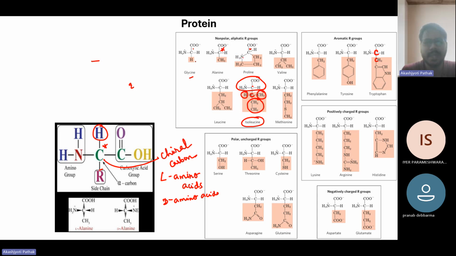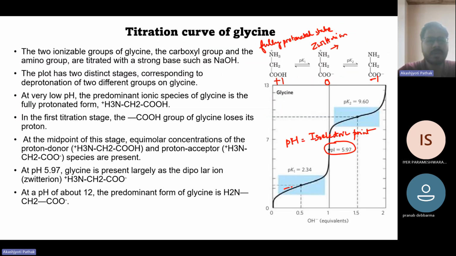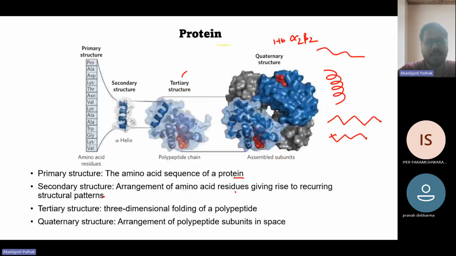Because this NH group is not free, it cannot form a hydrogen bond with the oxygen atom of the carbonyl group. And glycine is very flexible, and its size is also very small, so it is difficult for glycine and proline to be present in the structure of the alpha helix.